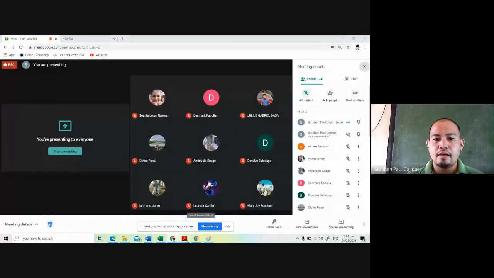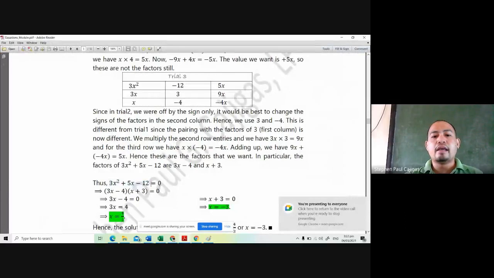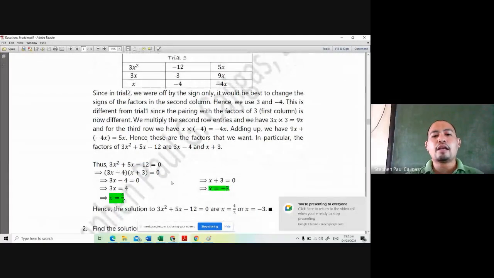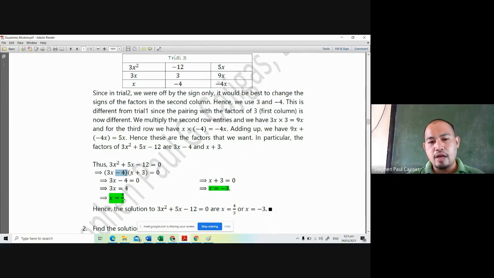Alright. Okay. Now, we are expecting two solutions. So this whole thing, we equate to 0. Then we factored it, this times this is equal to 0. Now, if 3x minus 4 is equal to 0, this will be 0 times x plus 3, whatever the value of x is, 0 times anything is equal to 0.